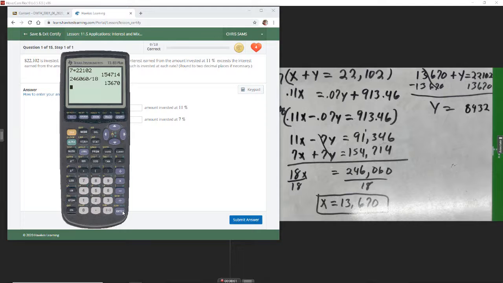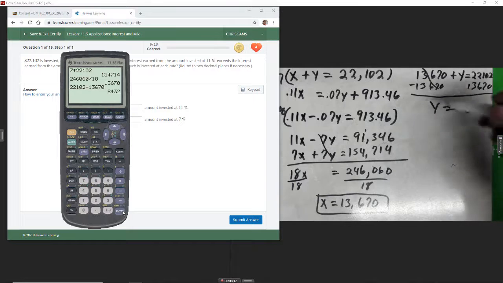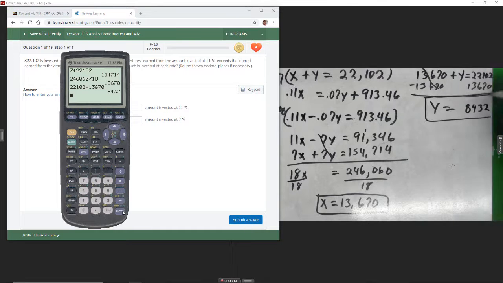Let me just double check with the calculator: 22,102 minus 13,670 is 8432. Okay, so we get y is 8432 and x is 13,670.